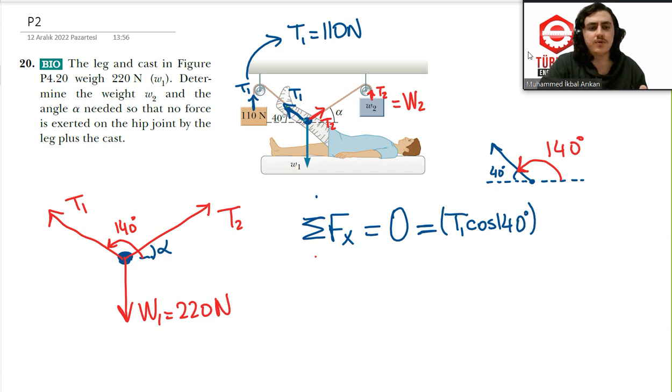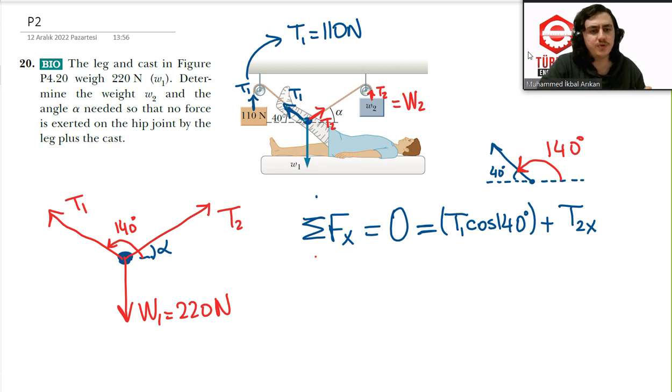So this is the first force, plus the second force, which is just T2 cosine of alpha. But I don't know T2 and I don't know cosine alpha. So actually you can say just T2x, and T2x will be equal to just T cosine alpha.